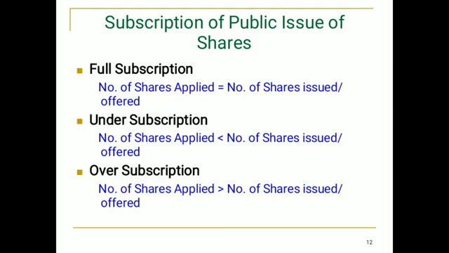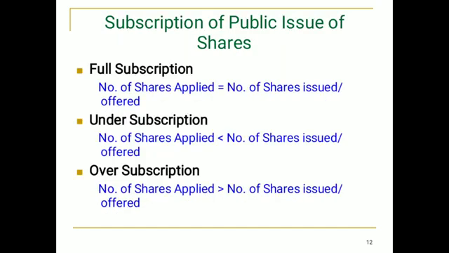That means it is oversubscription. मैंने इशू 30,000 शेयर किए हैं और एप्लीकेशंस जो मुझे मिले हैं वो 40,000 हैं. तो ये ज़्यादा है, एक्सेस है. When it is more, it is oversubscription. When it is less, it is undersubscription. When it is equal, it is full subscription. Okay? Fine then, let us move ahead.